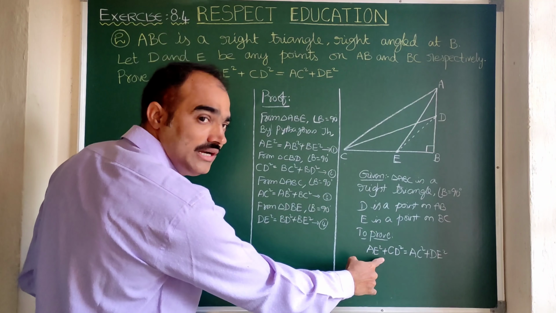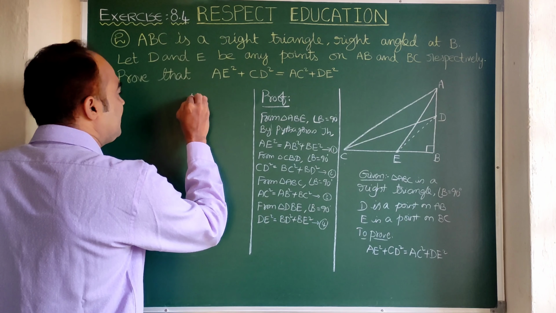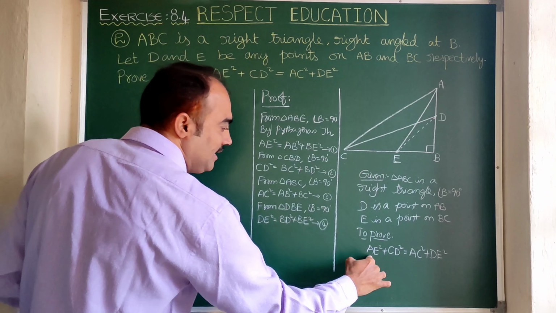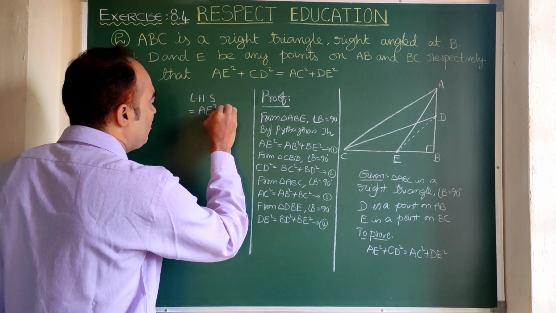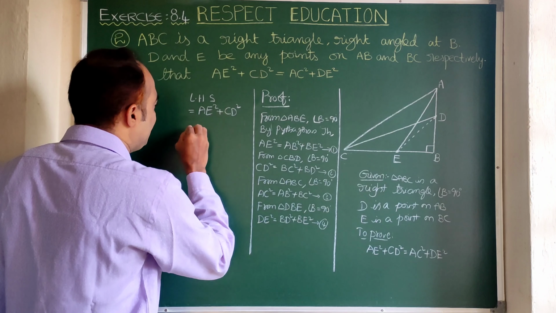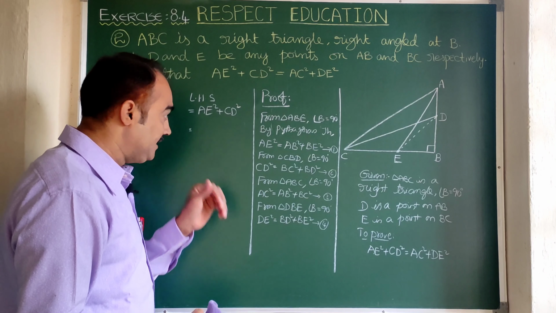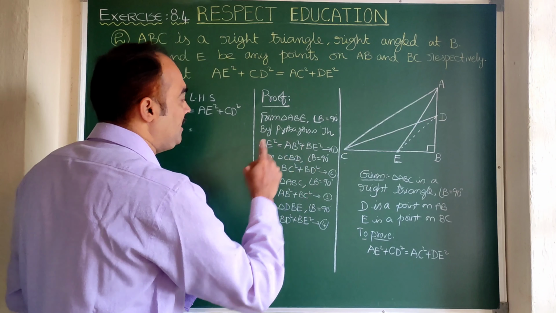In this proof also, we can take LHS. So consider LHS, the left hand side part: AE square plus CD square. Here you just find where we have AE square and CD square. In equation 1 we have AE square, that is AB square plus BE square.